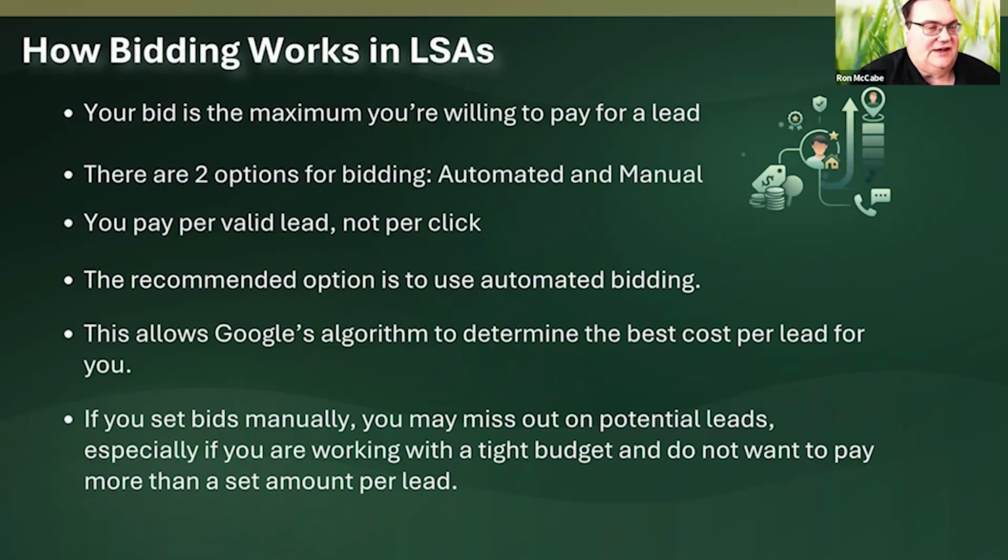The problem with setting a budget is if there are others competing for the same lead, if you set the cost per lead too low, you miss out on a lot of the leads. And we've found that using the automated bidding, you get more leads, but it also doesn't really appreciably affect your cost. And so, we don't recommend manually setting it, but you can do that.